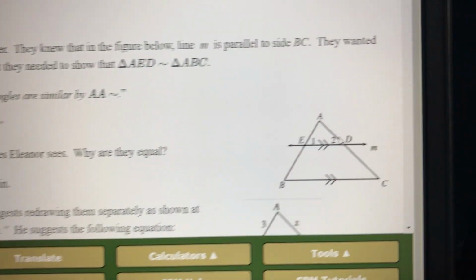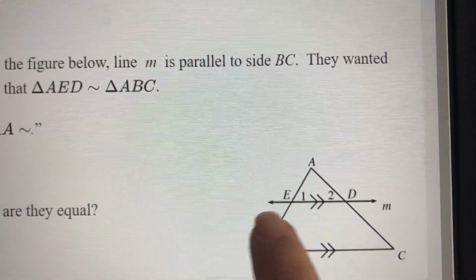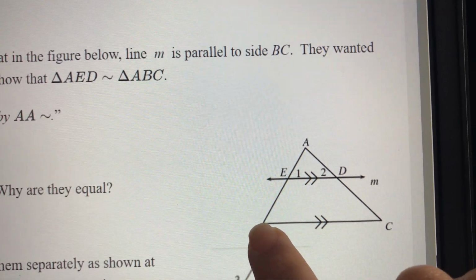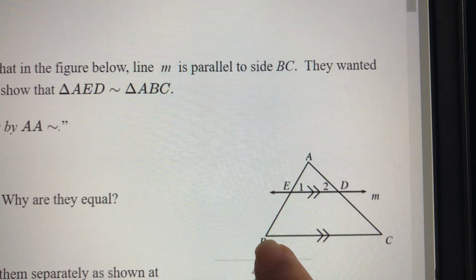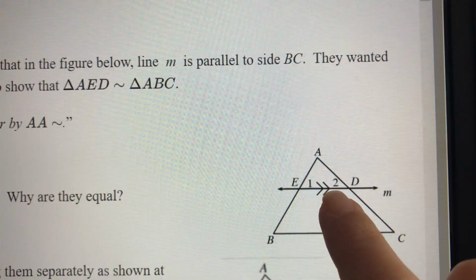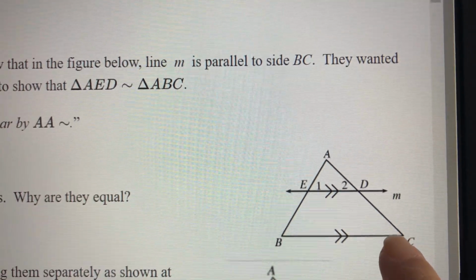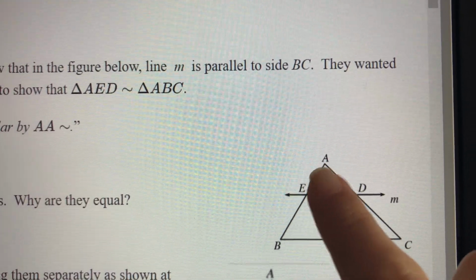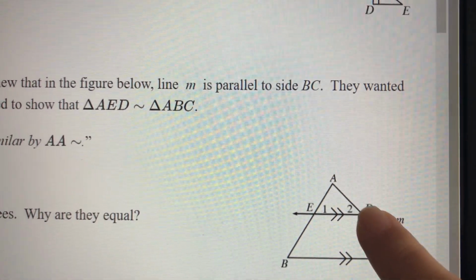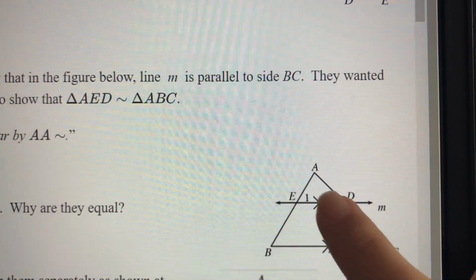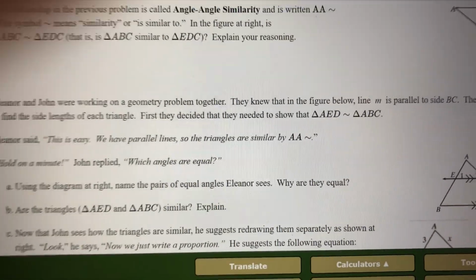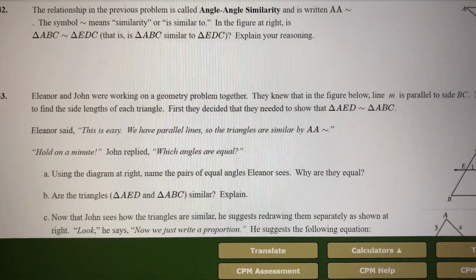I'm going to say that she sees this angle right here, angle 1, and she's saying that it's equal because of this angle right here, angle B. And then angle 2 must be equal to that one because they are cut by a transversal. Say those were parallel lines going forever, and they're cut by that transversal. That means this angle would be equal to that angle. So those are the two pairs of angles she sees.